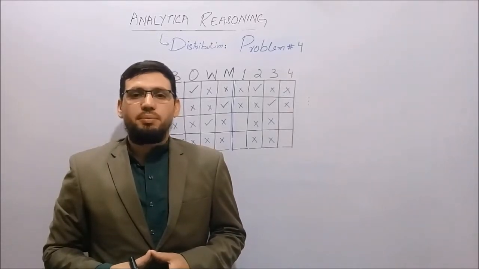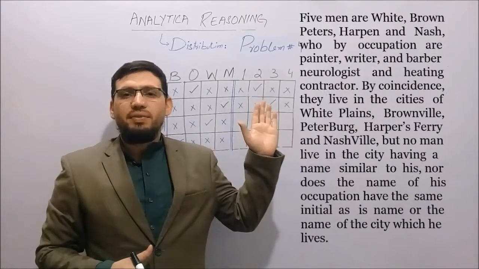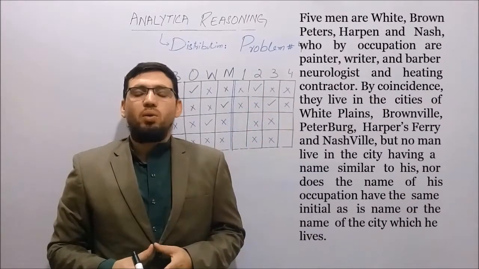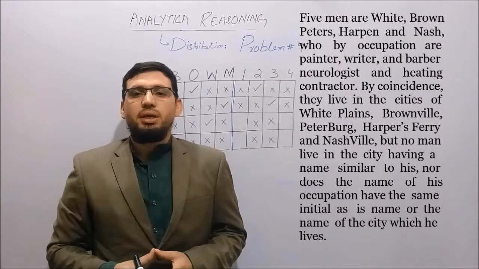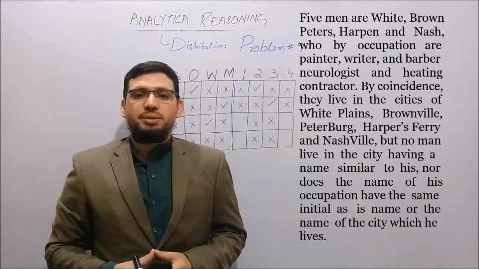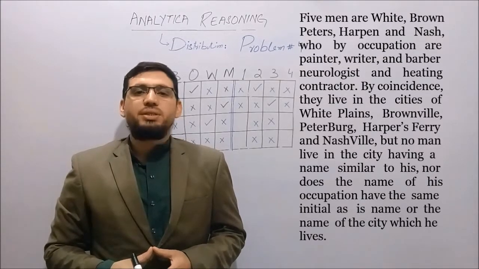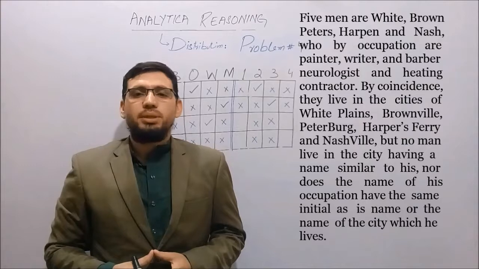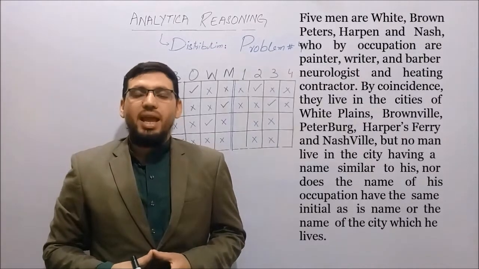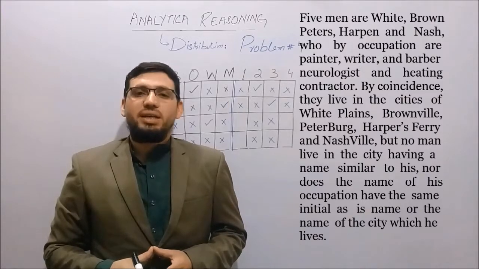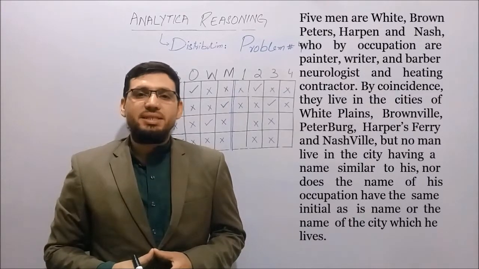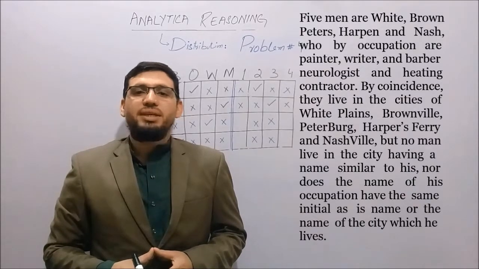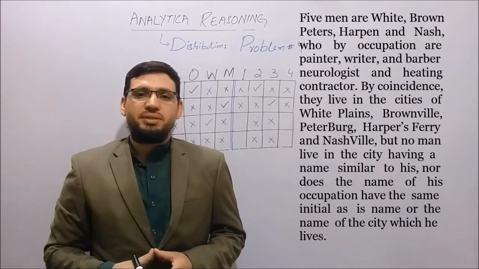The assignment we have is that there are 5 persons: White, Brown, Peter, Harpen and Nash, and their occupations are writer, barber, painter, heat contractor and neurologist. And surprisingly, they are living in different cities which start with the same initials as their names and their occupations.